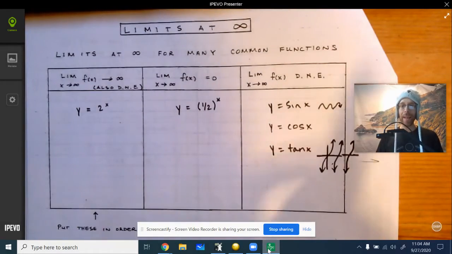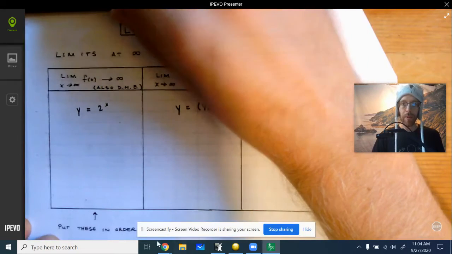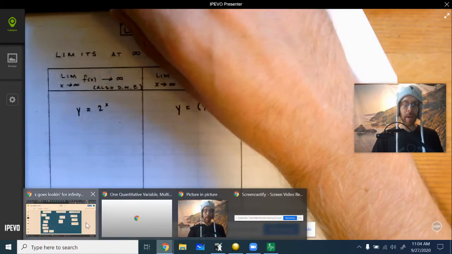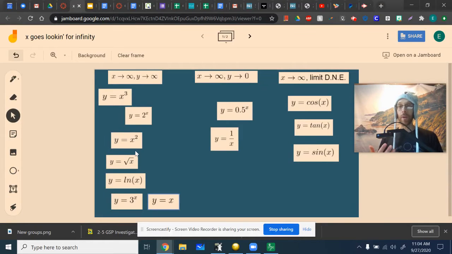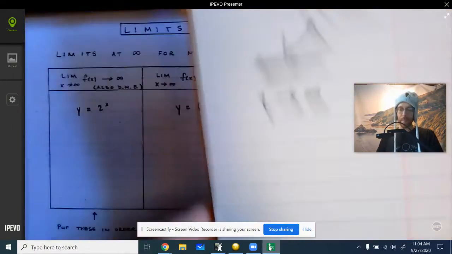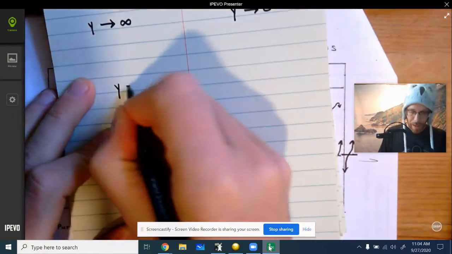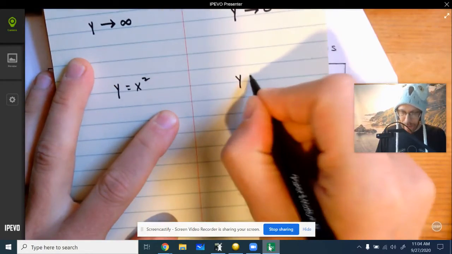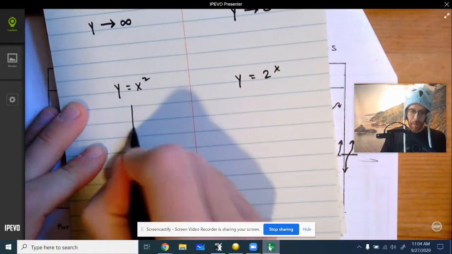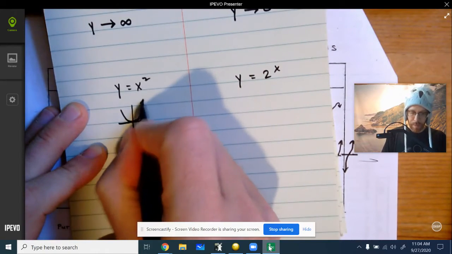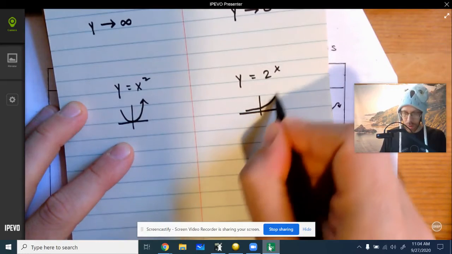Okay? Now, I'm going to ask you to do a little more work. I would like you to take the things that are on this list right here, and I would like you to put them in order from least to greatest. And here's what I mean by that. Let's take, for example, y equals x squared and y equals 2 to the x. Which one of them is getting to infinity faster? Well, we can actually play around with that a little bit. We both know that these are shooting up to infinity because the parabola, whoop, infinity, and the exponential to infinity.